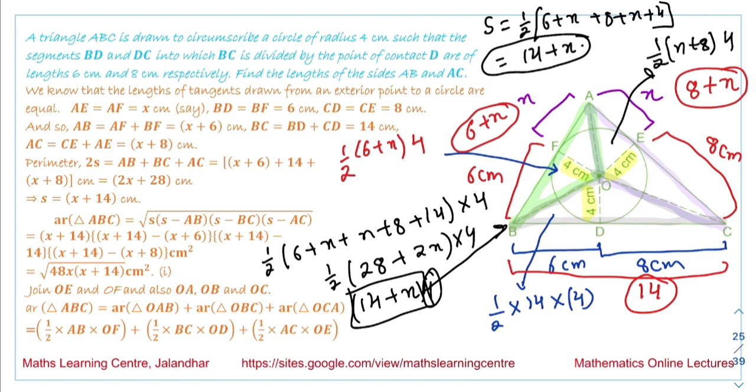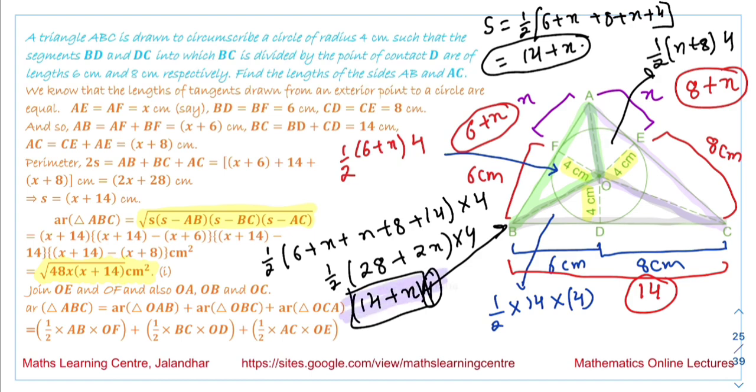Now we have to calculate the area of the triangle. The formula we have is square root of S into S minus AB, S minus BC, S minus AC. When we substitute these values in this formula, you can see the calculations over here, and the answer we will get is square root of 48x into x plus 14.